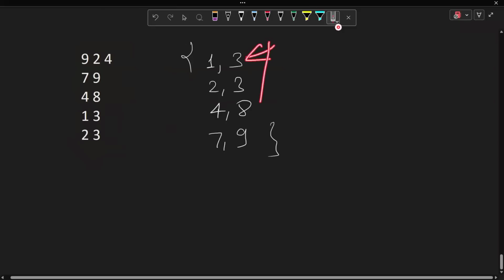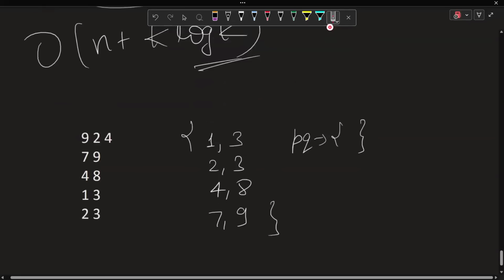After that, I have to move in this order, and one by one I would maintain a priority queue. Initially, let's say my priority queue is empty. I would check for every range.